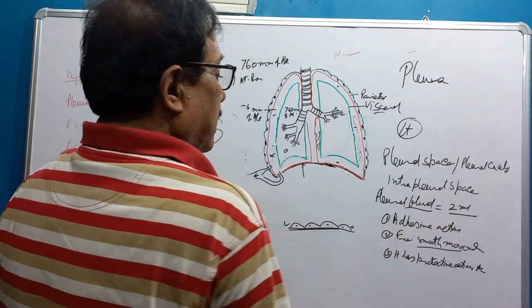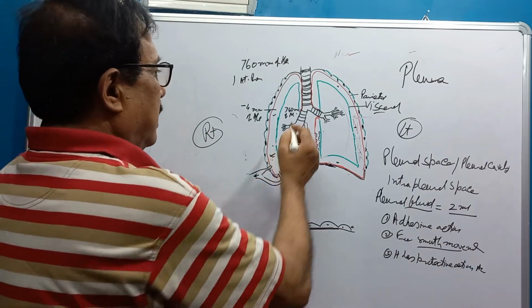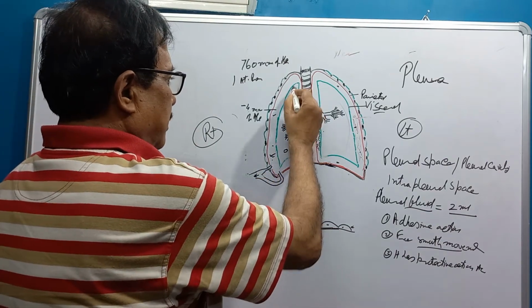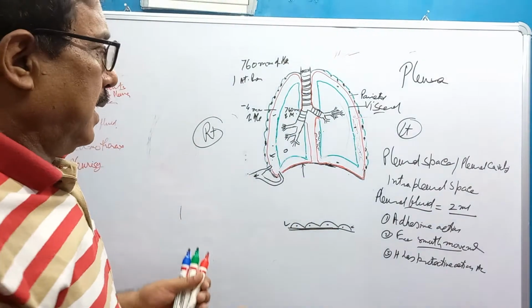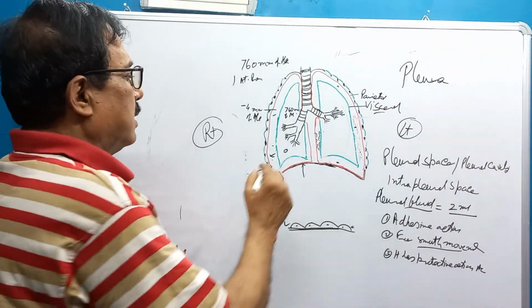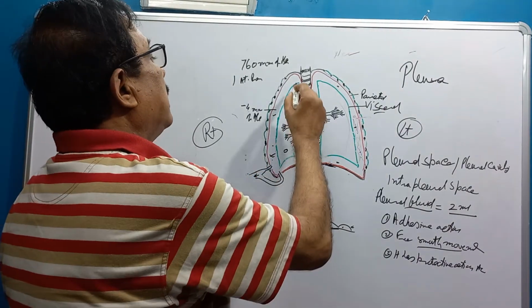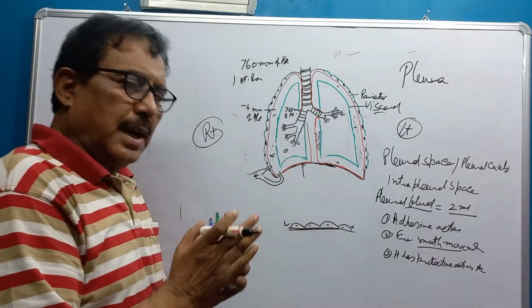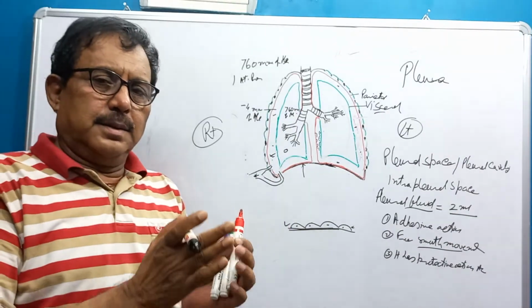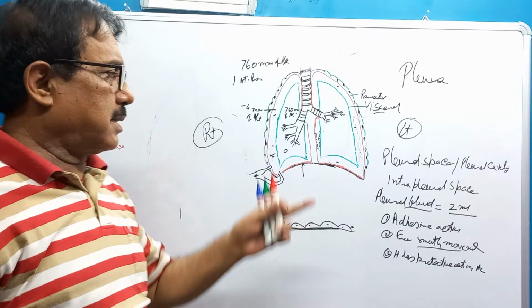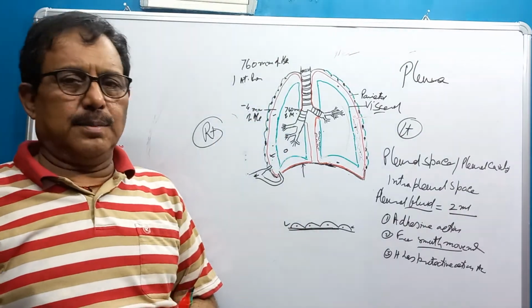Now this has adhesive action, and we learned that the visceral pleura is adherent to the lung tissue. Likewise, the parietal pleura is also adhesive with the inner side of the chest wall and the thoracic side of the diaphragm.